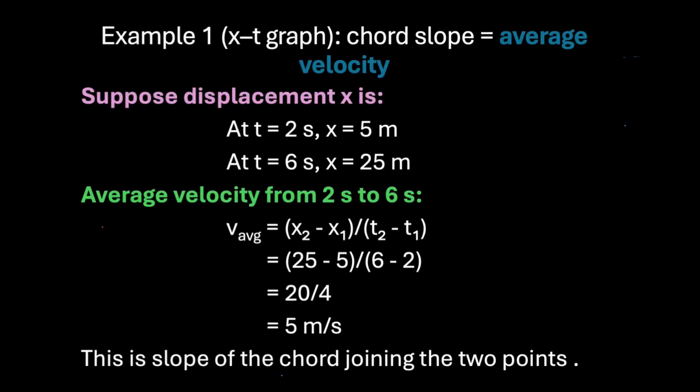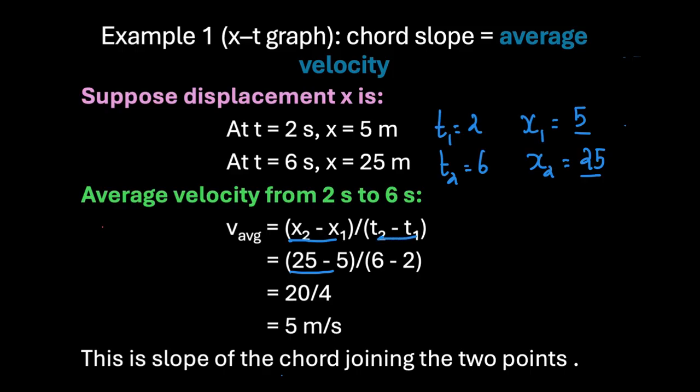Now, a small calculation on this average velocity. Say we have t1 is equal to 2 and the corresponding x1 as 5. t2 is equal to 6 and the corresponding displacement as 25. What is x2 minus x1? 25 minus 5.